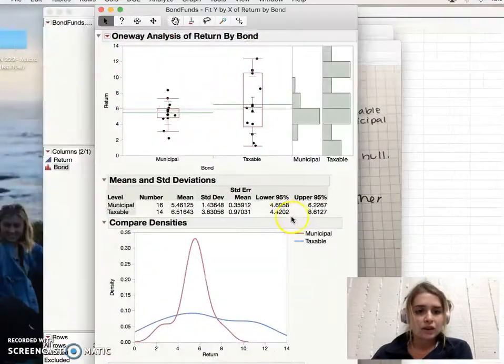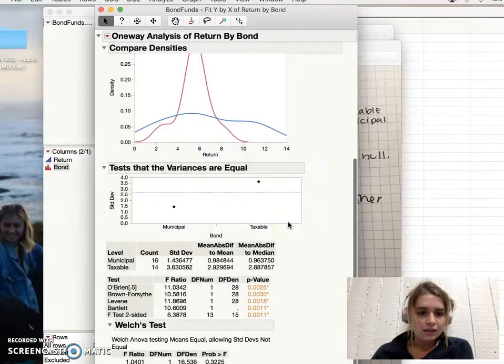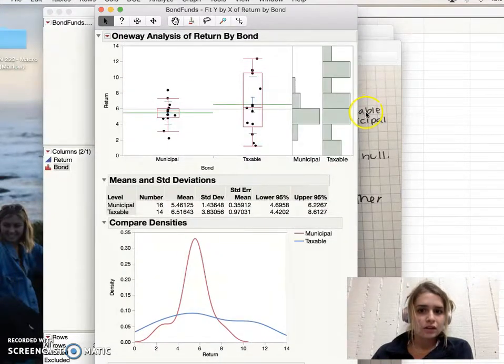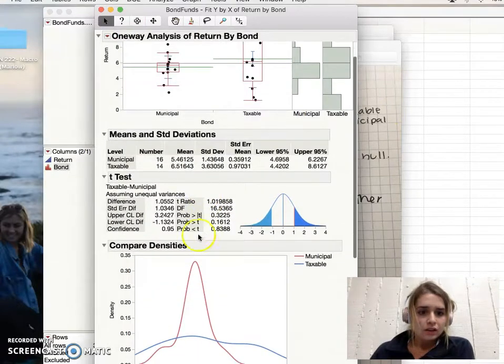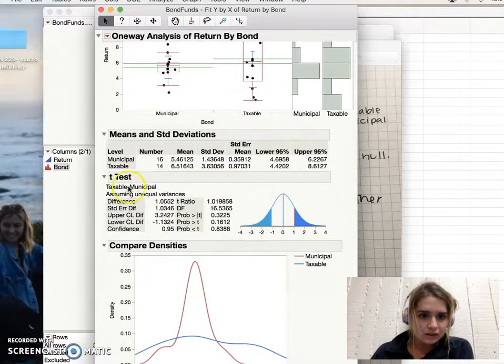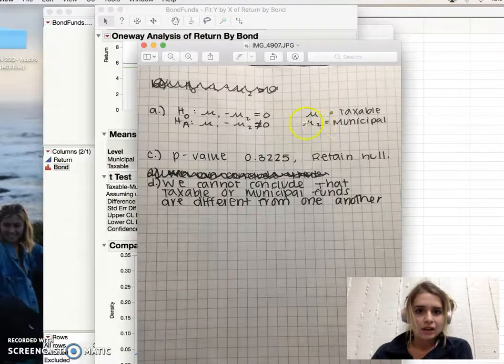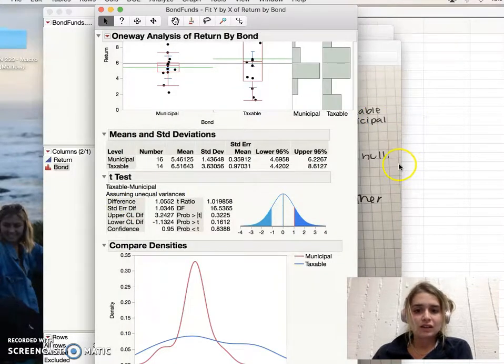And for that test, you have to make sure it is the same as right here, your t-test. So we see here it is taxable minus municipal, and we just want to make sure that aligns with the problem, but I'll get back to that later about how I got to using the t-test.